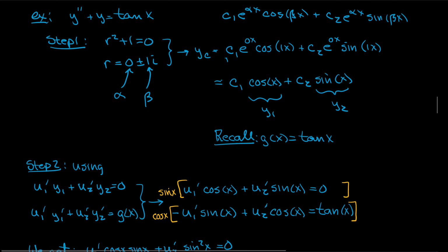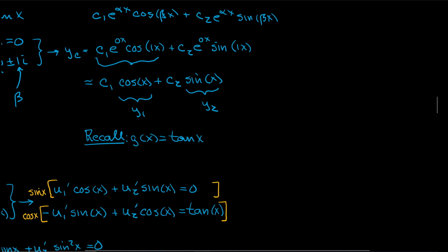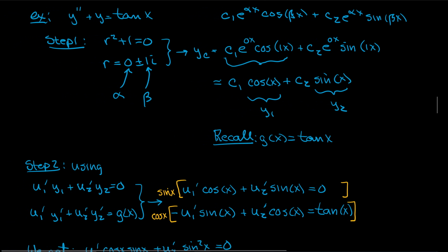So this first term simplifies to be C1 cosine x. Using the same substitutions in the second term, we're going to wind up once again with e to the 0x. Our second term simplifies to just be C2 sine x.